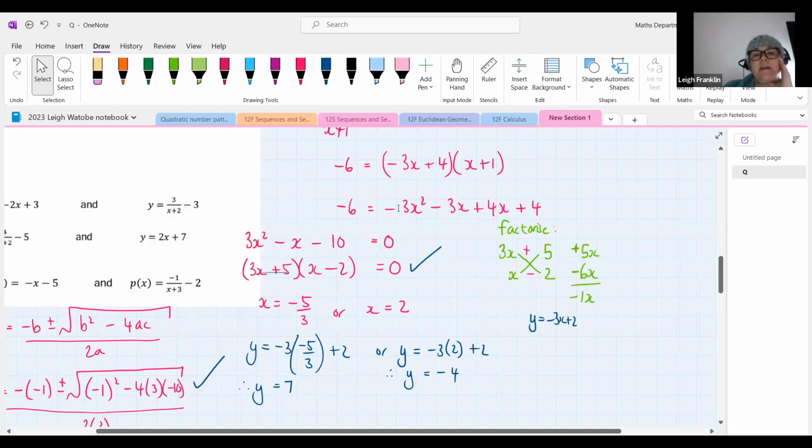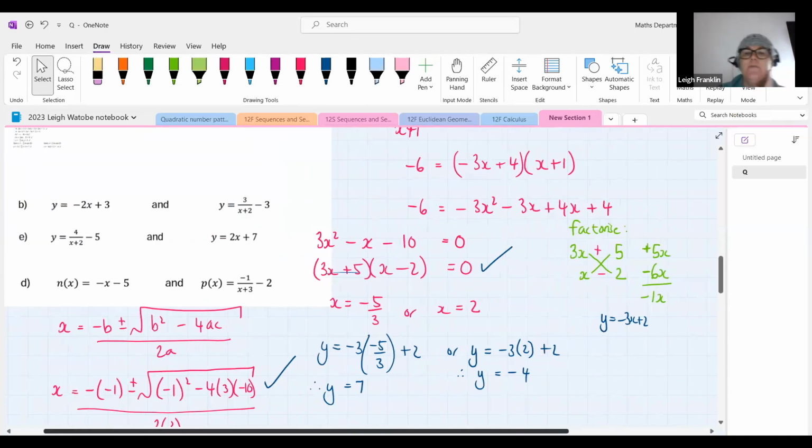So you can see here negative 3 and open bracket negative 5 over 3 plus 2. I'm not following you, Junior. Where was our difference in our answers?